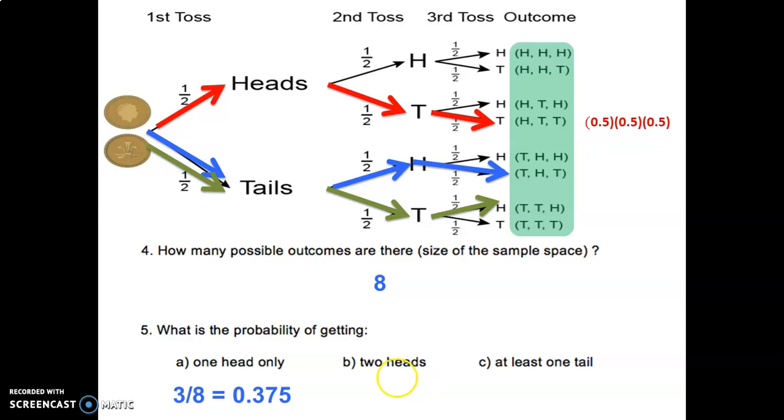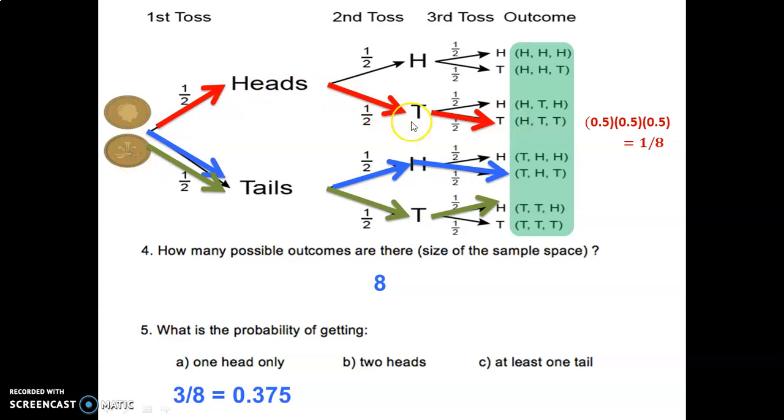Oh, let me go back to something here. For the one head only paths, let's follow one of those paths. If you did take the approach of multiplying along the path, you would do 0.5 times 0.5 times 0.5. Those 3 multiplied give you the probability of that one path, and that is 1/8.